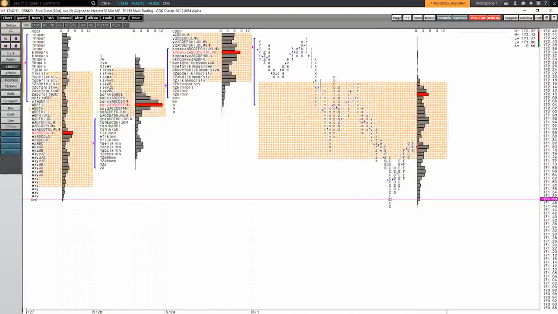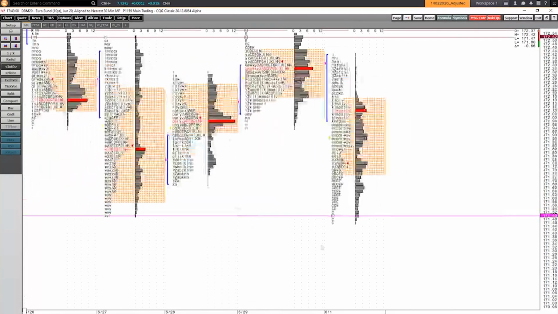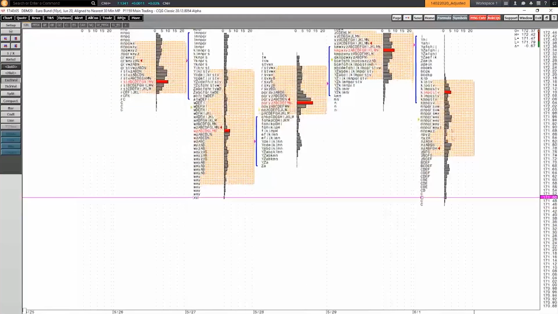We can see that because our C print opened, tested, and very quickly got rejected. So keep an eye on this. If 71.50 holds for a second day, it's very likely we're going to distribute inside today's range. If we start to see some progress made towards the downside, you should see this trend continue.